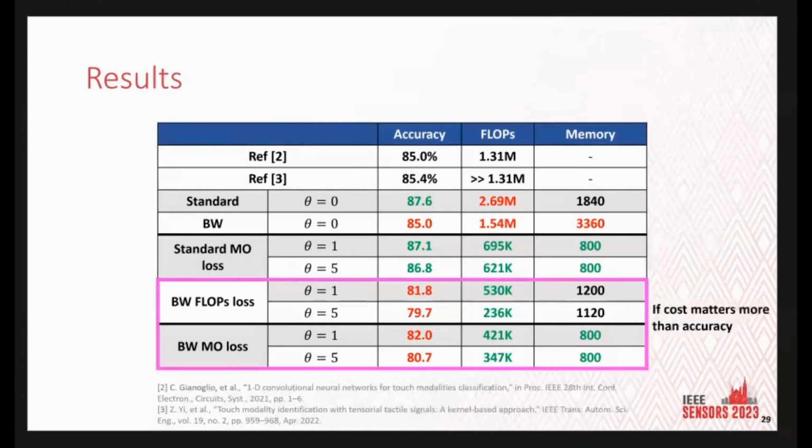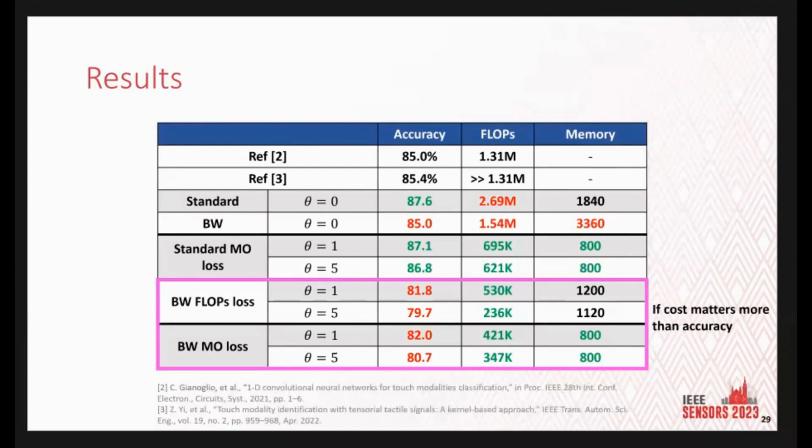Instead, in the last result that I highlight, we have the binary weights network with both losses, and we can see that in this case the accuracy is lower with respect to the standard network, but the computational cost is better. So, for example, if we have other constraints on our device, the binary weights maybe can be a good option.